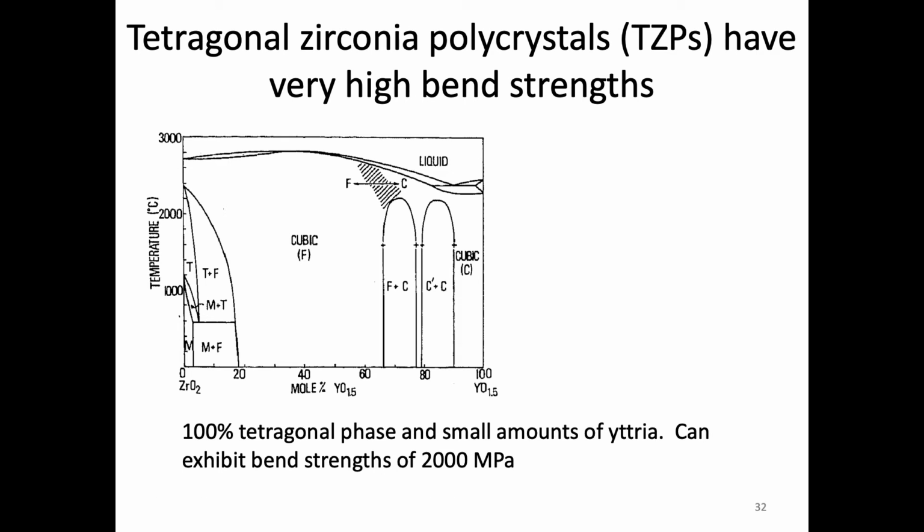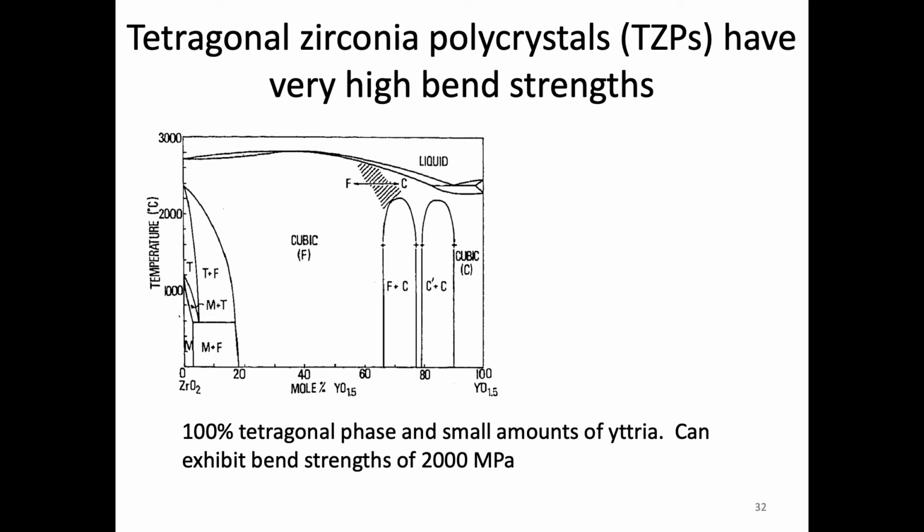All right. So the next type of system that uses this is the tetragonal zirconia polycrystals, so TZP. So here, as we've gone through this, you've seen we try to make these little particles of the tetragonal phase, and then their transformation causes these effects.